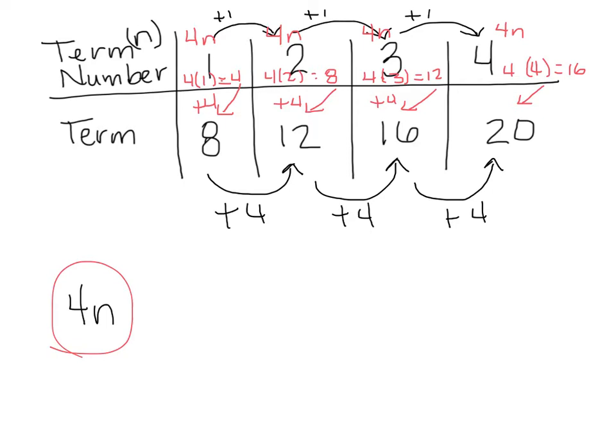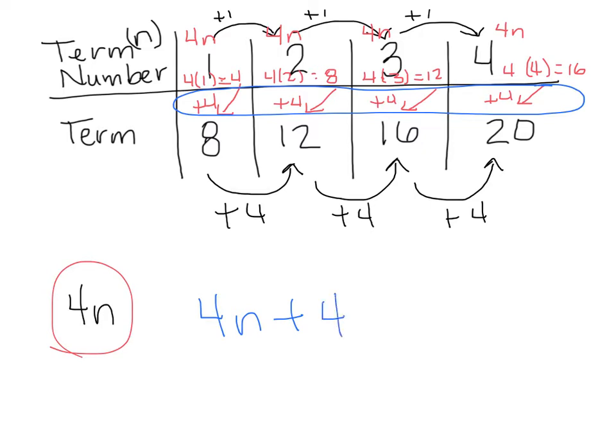So instead of our expression being 4n to find the nth term, my expression would be 4n plus, forgot to put a 4 there, 4n plus that difference of 4.